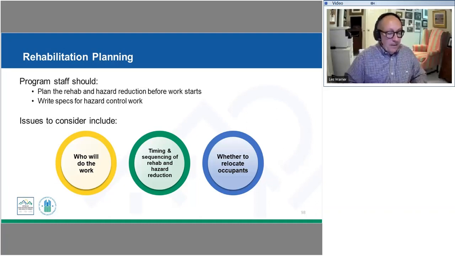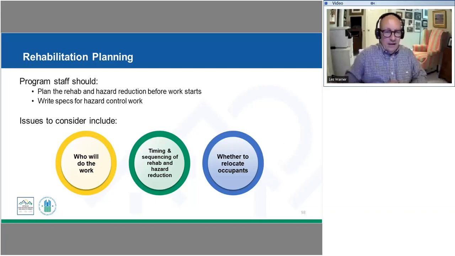As part of that, thinking about the setup and cleanup procedures, we're going to be talking more about occupant protections. Obviously, if we've got a household that's living in that unit, in many cases we're going to need to either temporarily move them out of some portion of their unit where that work is being done, or probably more frequently, temporarily move them out of the unit overall, and probably move their possessions out of those work areas and protect those appropriately.